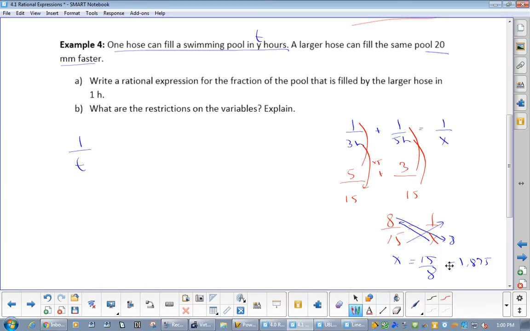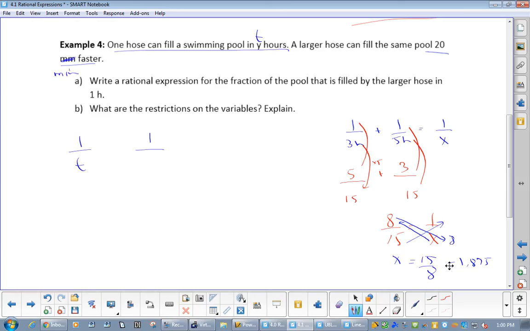okay, you'd have 1 over, instead of time, well, you know what? Let's change this to 20 minutes faster, because this is just a bad question, okay?